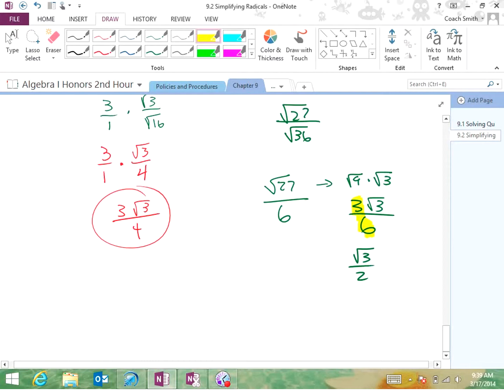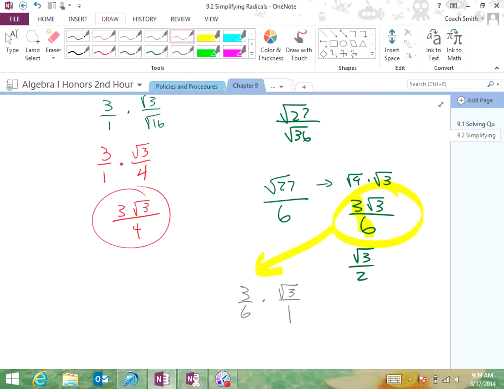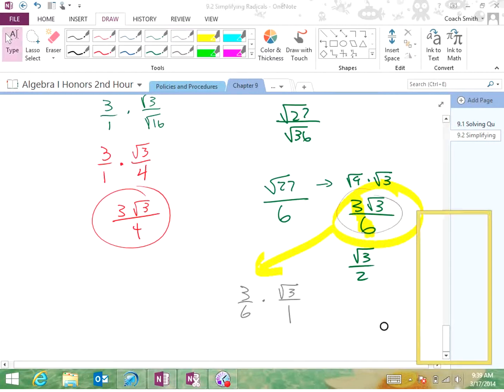Right there. This is the same thing as 3 over 6 times the square root of 3 over 1. Well, since today's lesson is simplifying radicals, simplifying radicals, that is not simplified.